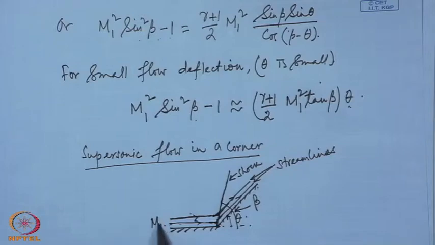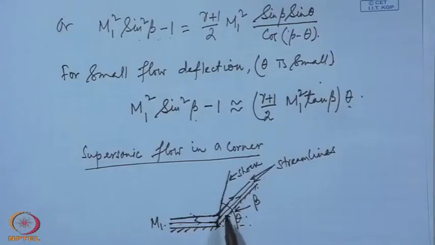Once we know this M1 and theta, from the theta beta M relations or theta beta M curves, we can find out the wave angle beta. However, we should note once again that the theta beta M relation, though it gives theta explicitly when M1 and beta are given, does not give beta explicitly; rather beta needs to be solved implicitly.